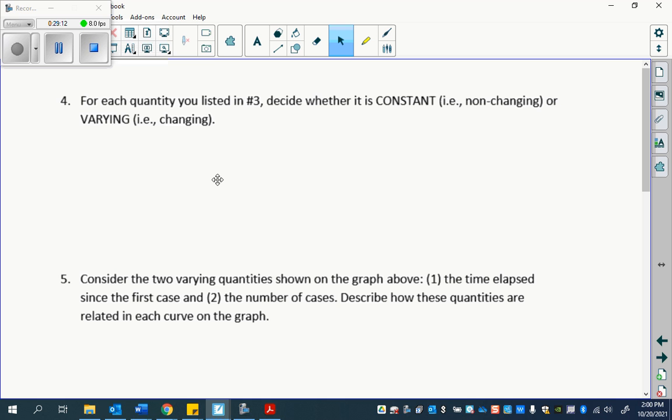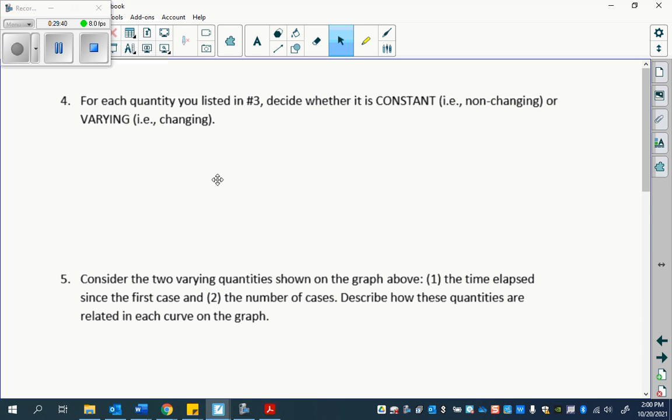All right, so when we look at number 4, it says for each quantity you listed in number 3, decide if it's constant, non-changing, or varying. Well, it's funny, we already called our healthcare system capacity constant. That's not changing. Maybe if somebody passed a bill or legislation to put more money in, we can try to increase our healthcare capacity, but right now it is what it is.